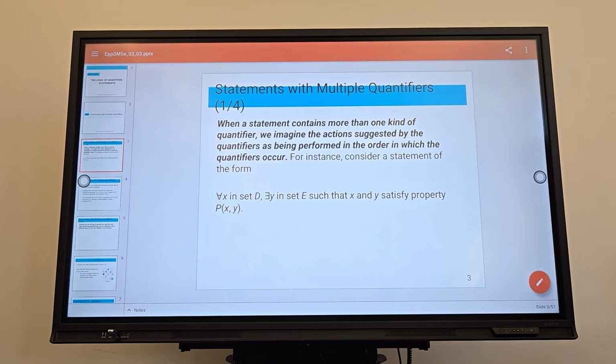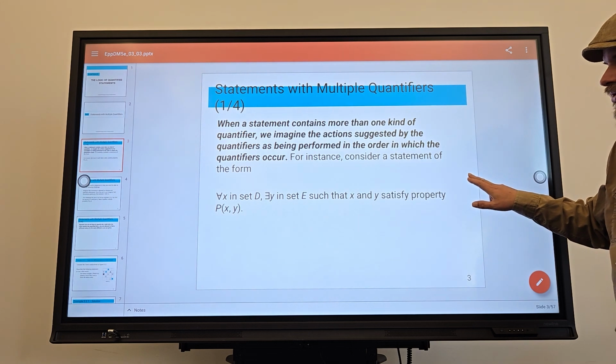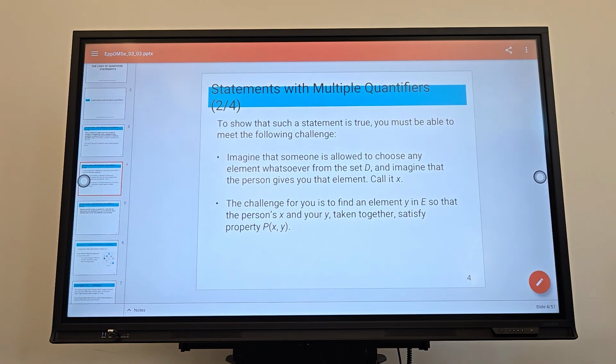So the statement, for all x in set D, there exists a y in set E such that x and y satisfy the property P of x and y. To show that such a statement is true, you must be able to meet the following challenge.